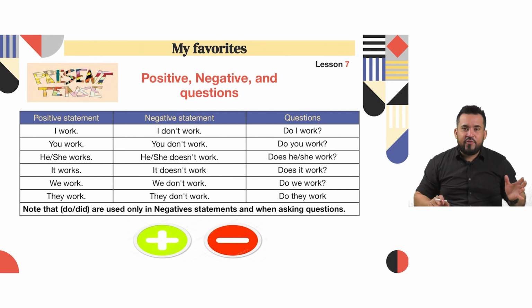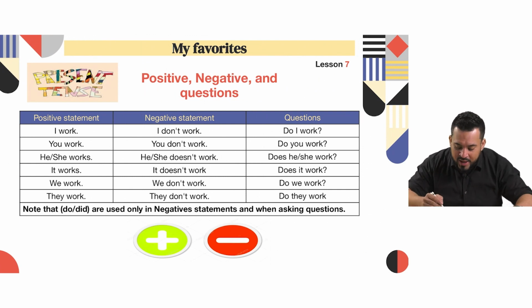Now let's take a look at different forms. We have the positive form, the negative form and the question form. If the positive form is I work, the negative form will be I don't work, and the question form will be do I work.